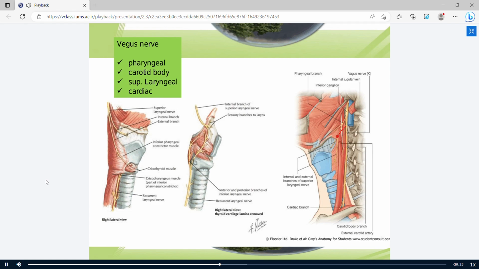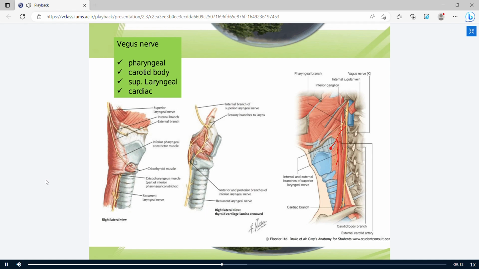The superior laryngeal nerve is divided into internal and external branches. The external branch has motor fibers and innervates the cricothyroid muscle.